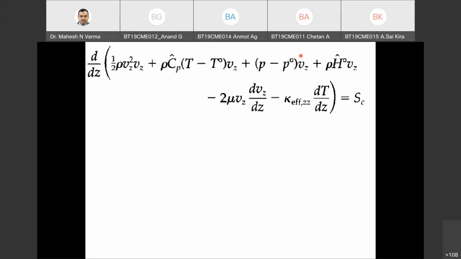That is the first assumption. Second assumption: the variation of pressure with respect to Z is negligible, so del P by del Z is small. If there is no variation of pressure in the Z direction, there will not be flow. There is a flow, but it is too small to contribute to a temperature gradient.